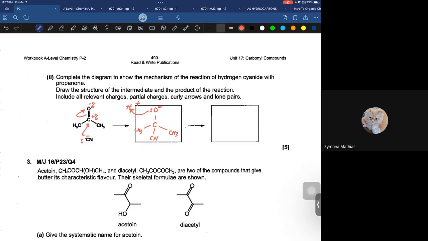So it would be attacking this H positive center. And finally, you would be forming this. That's called a nucleophilic addition reaction.